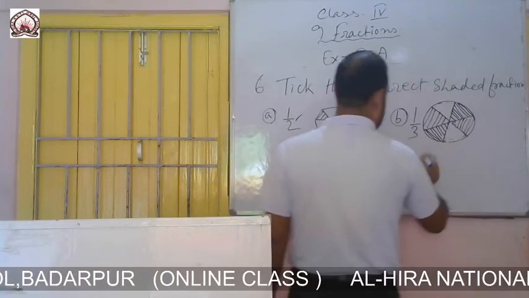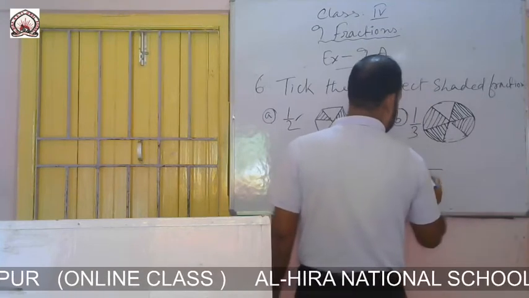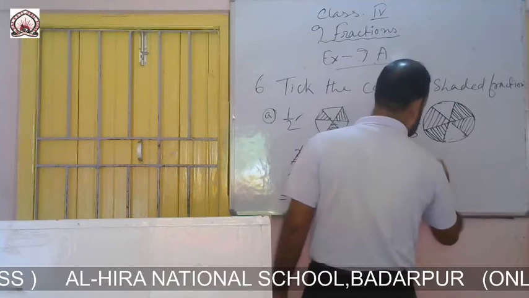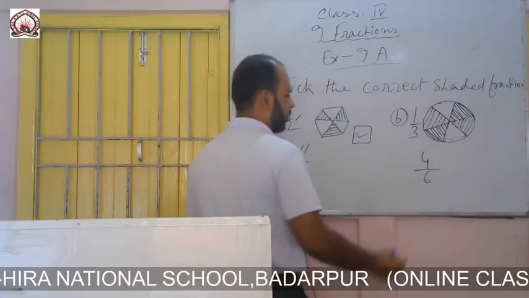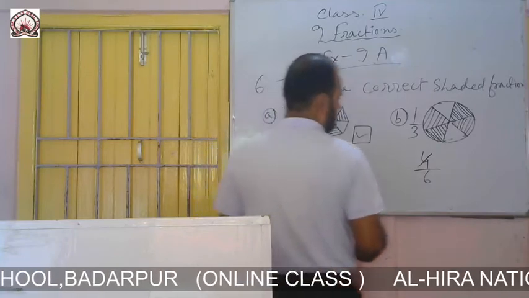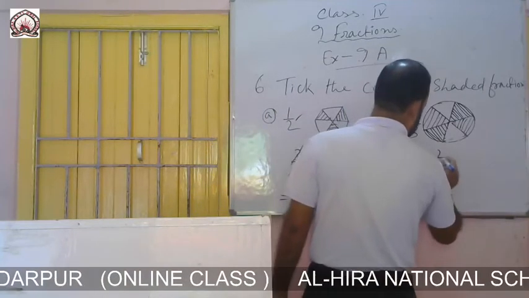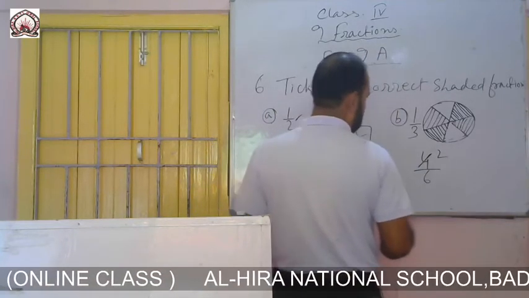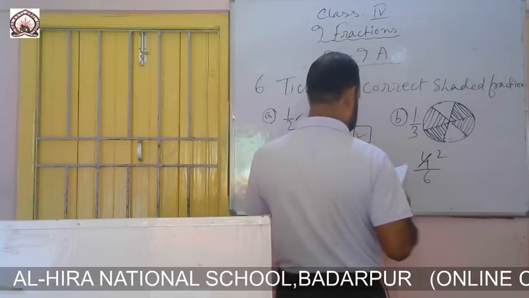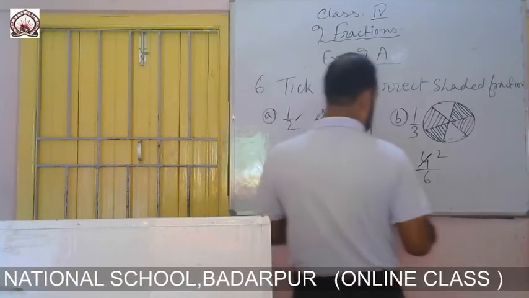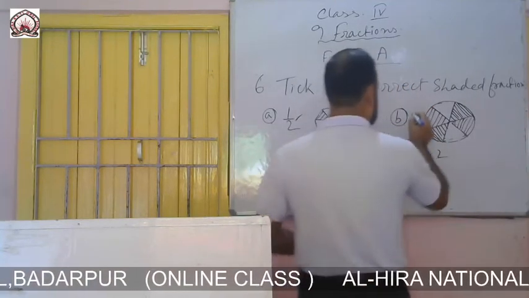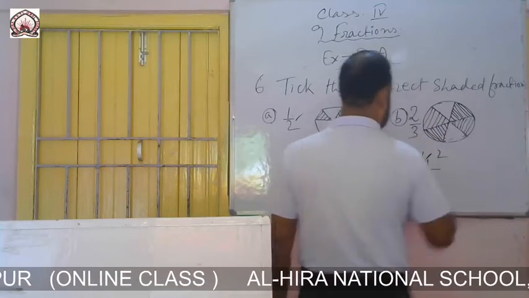So here the total number of parts is 6, and out of 6, 4 are colored or shaded. So 4/6, we cut 4: 2 twos are 4, and their fraction is 2/3.